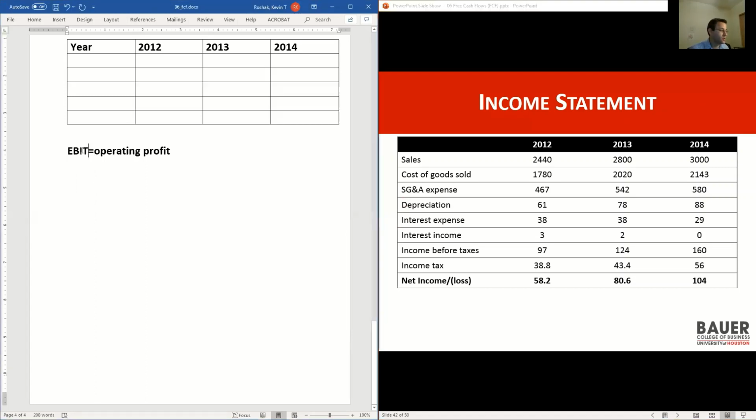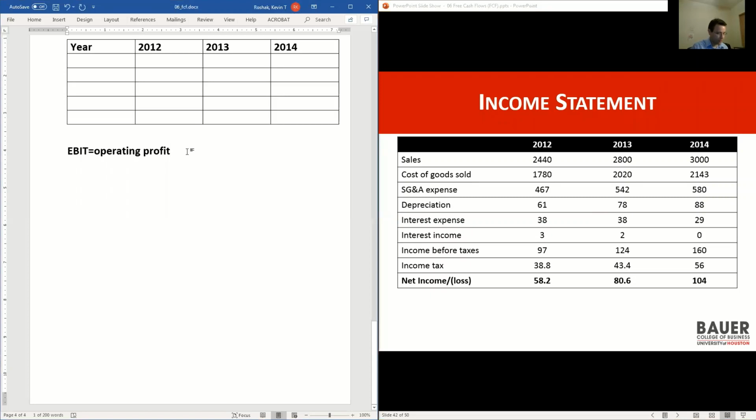So you notice that this is earnings before interest and taxes. So we subtract everything before interest. In 2013, what does that mean? Well, we have $2,800 in sales, $220 in cost of goods sold, $542 in SG&A, $78 in depreciation. Then we get interest, so we stop right there, where we don't include interest.